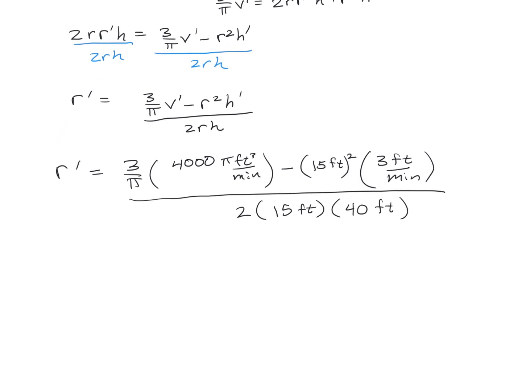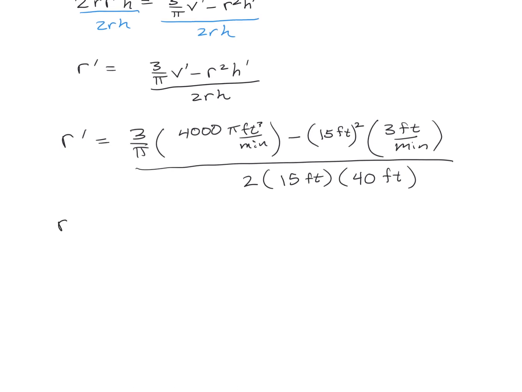All right, so at this point, this is all just careful evaluation with our calculator. Again, we've got the 3 over pi times the 4,000 pi cubic feet per minute. We can obviously cancel out those pi's, and that'll just be 12,000.